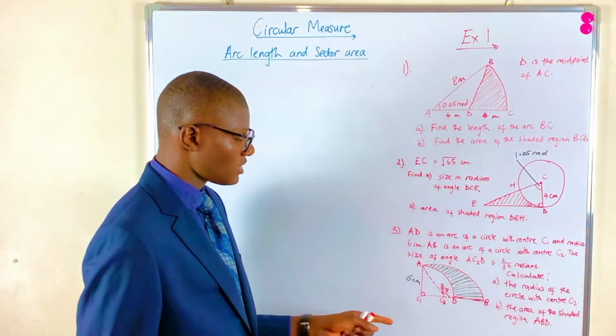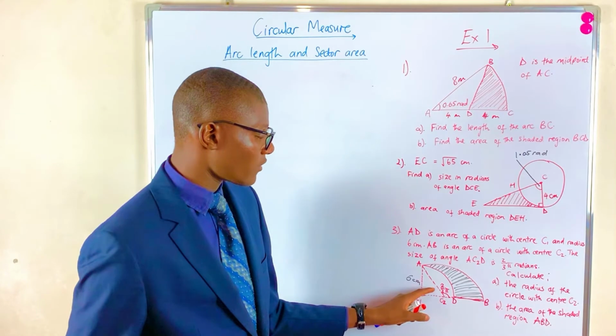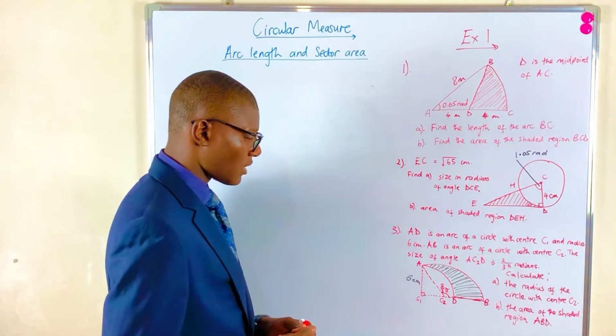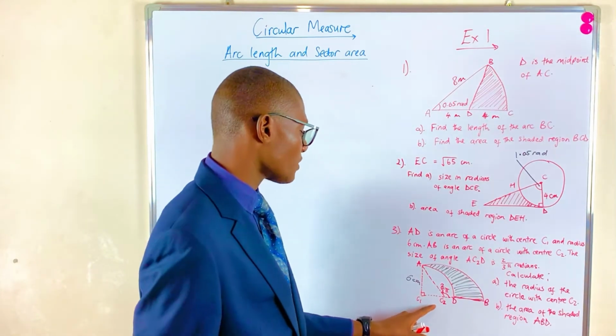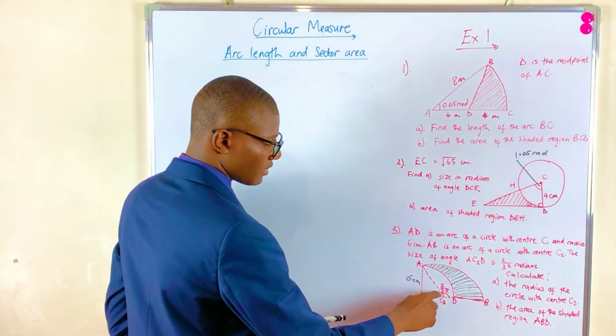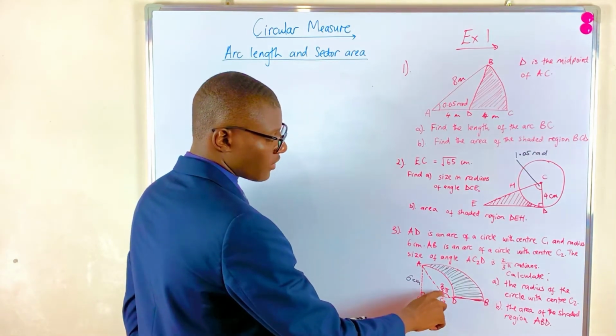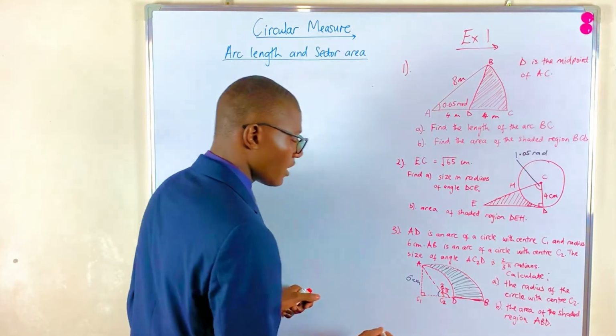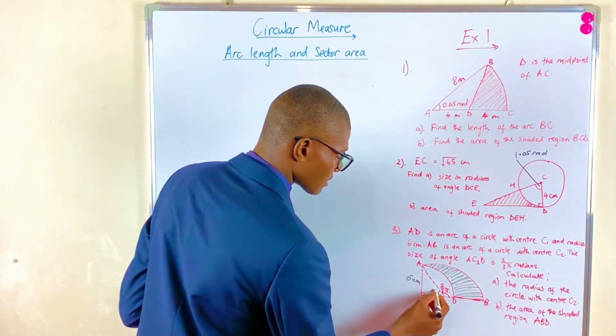So what do we see? We know that we can use this triangle. How can we use this triangle? We can use this triangle since we know this, we can calculate this angle. So we can find this angle, and let's call it x.